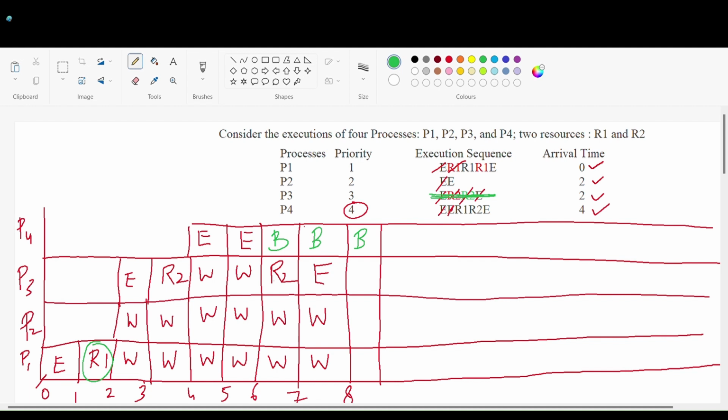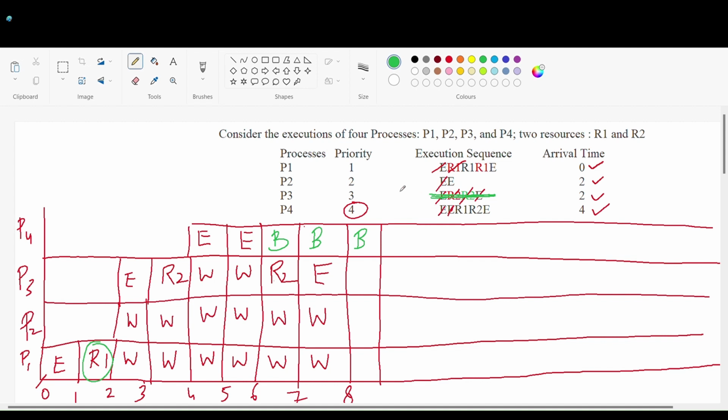For example, there is just one bridge, and one car can go to the other side, and then when the bridge is free, another car can go to the other side. Like this. So if the resource is busy, then another process cannot use that resource.